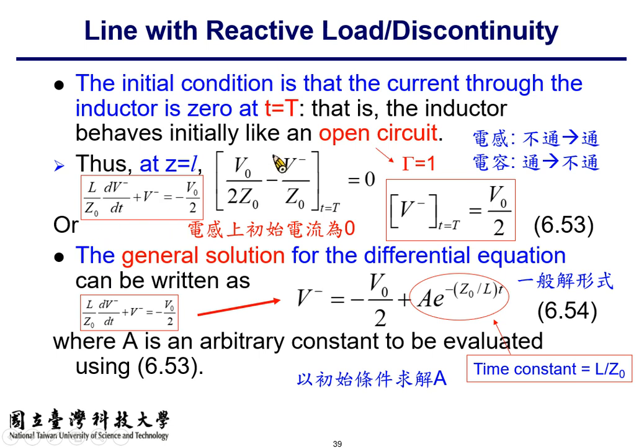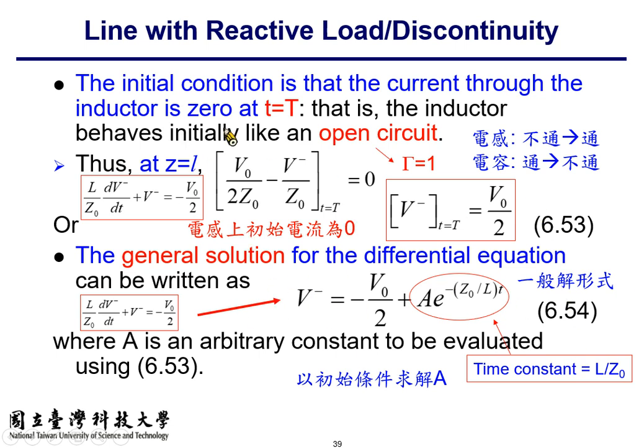So what is the general form? Well, it's in here, 6.54. It's an exponential function. This kind of function can satisfy the first order differential equation, provided that we can calculate the other parameters of this function.